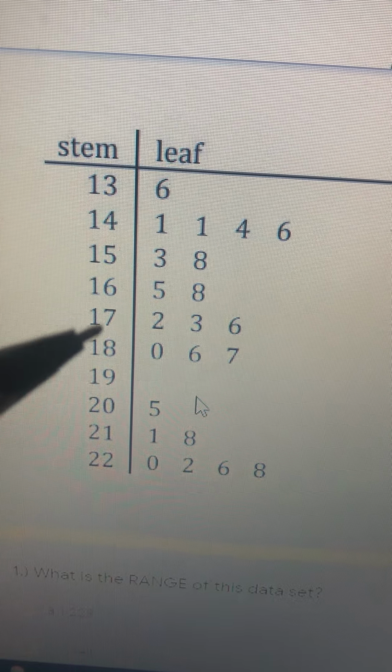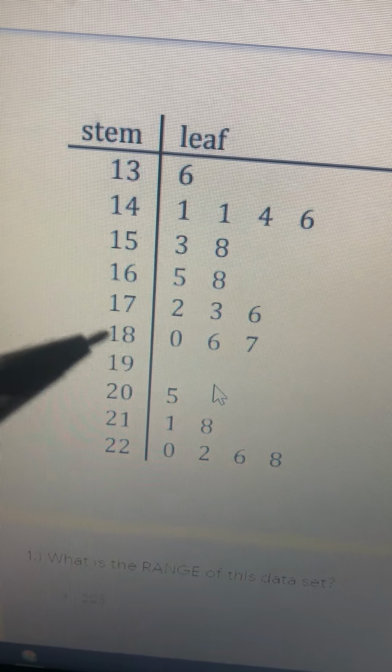All right, did we do that right? You know what, shoot, I was trying not to have to write this out.